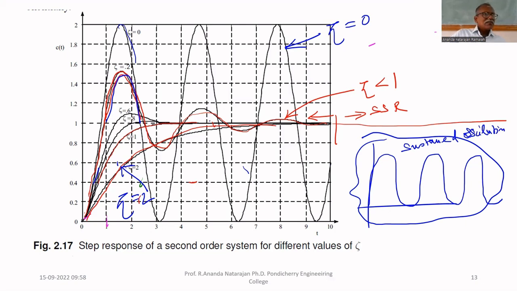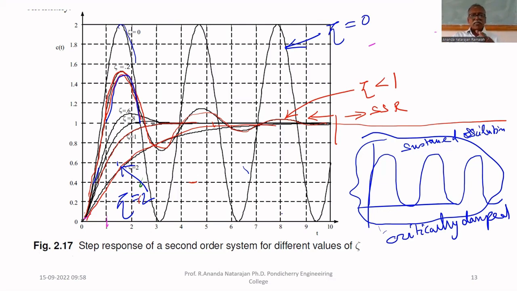Zeta less than 1 gives damped oscillation. Zeta equal to 1, the smartest response, is called critically damped. If zeta is greater than 1, it is over damped oscillation, or sluggish response.